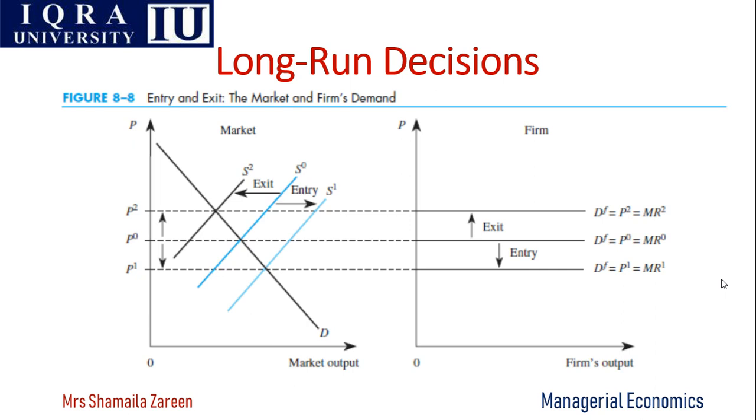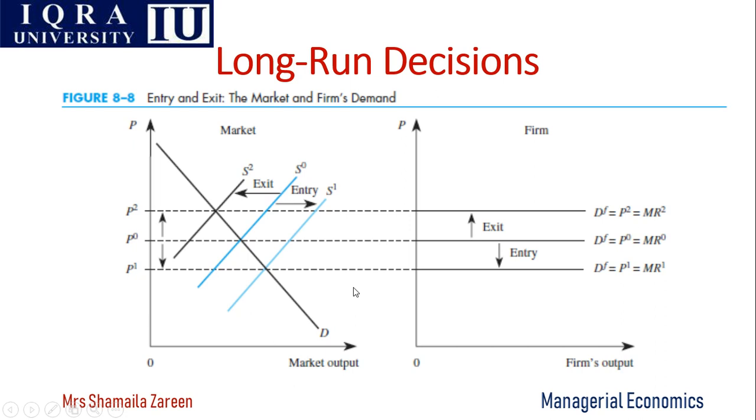If firms earn short-run economic profits, in the long run additional firms will enter the industry in an attempt to get some of those profits. As more firms enter the industry, the supply curve will shift to the right.